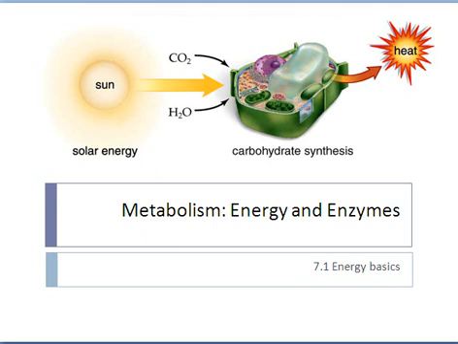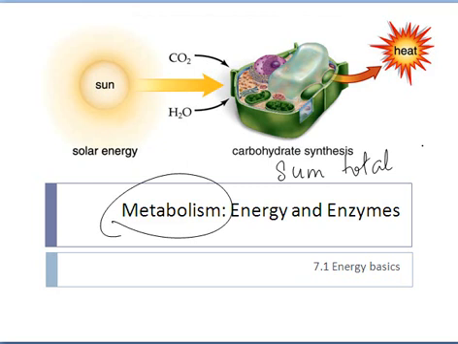And metabolism is the sum total of all of these reactions. So when we say metabolism, we're not just talking about reactions that build a molecule. It can be reactions that will also break down large molecules.